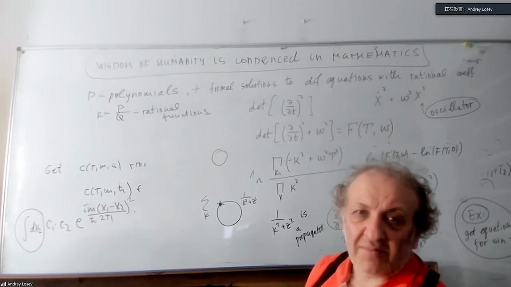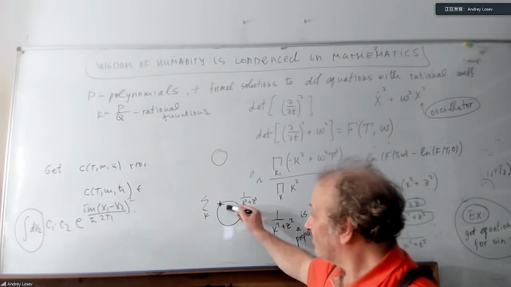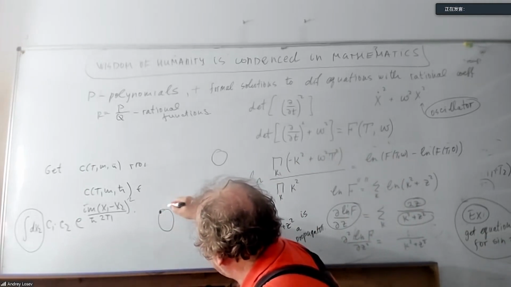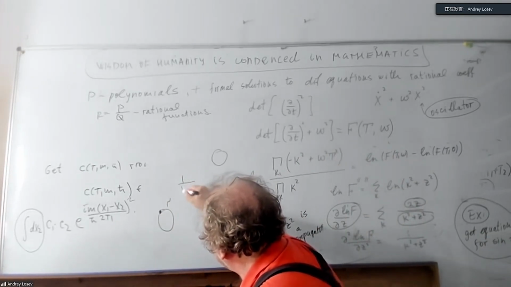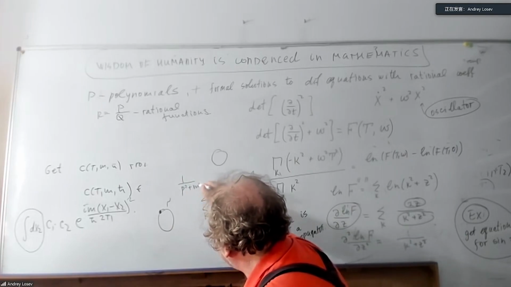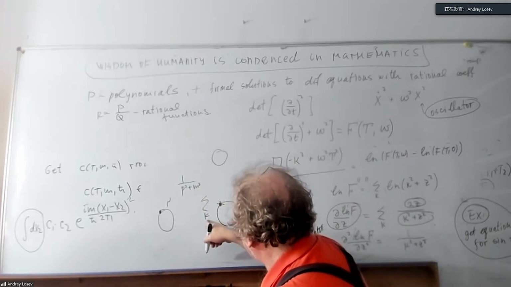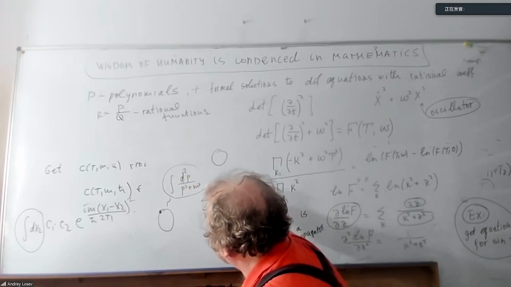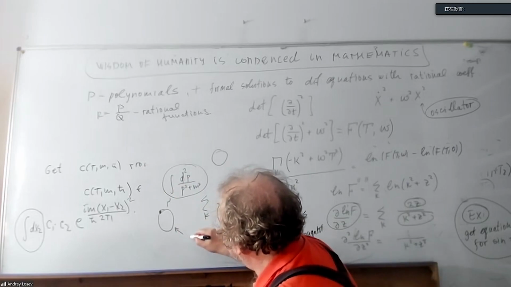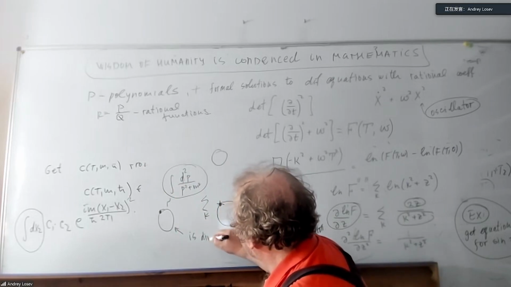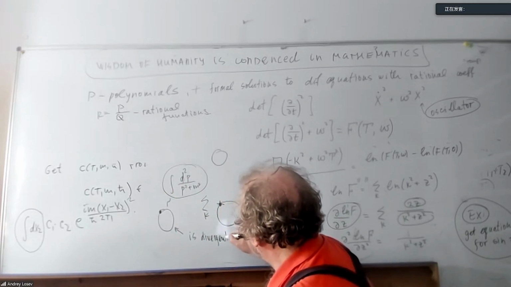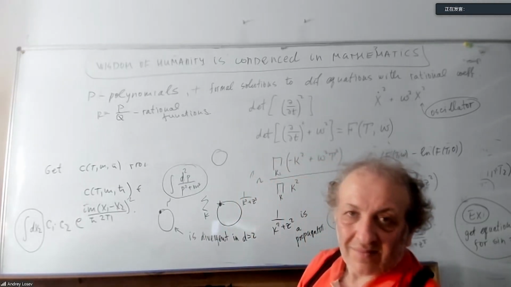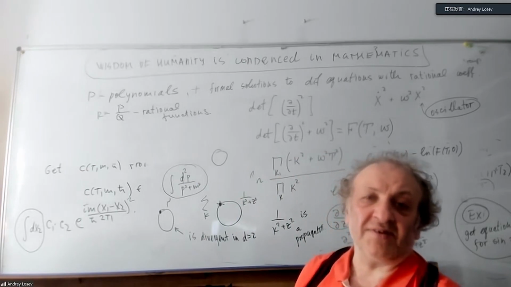For the case of a two-dimensional theory, this guy would be something like p squared plus m squared. And instead of a sum over k, you will have this integral d2p, which is divergent in d equals 2. So what to do if it is divergent?